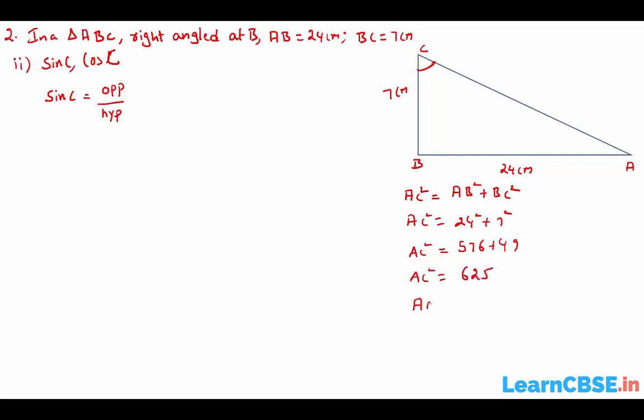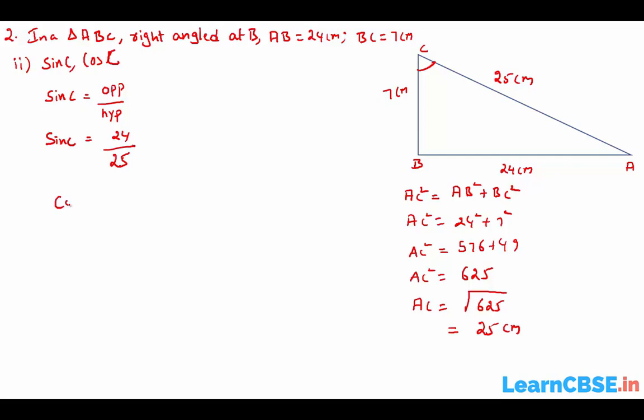Then AC equals under root of 625, which gives you 25. That means the length of the hypotenuse is nothing but 25 centimeters. Now substitute the values here. Sin C equals opposite side of angle C is 24, hypotenuse is 25. So sin C is 24 by 25.